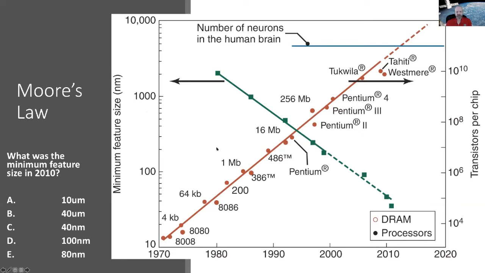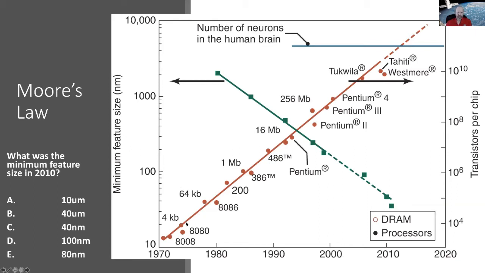So you can see as we make things smaller, we can put more transistors per chip. In the old days, we had about 10 kilobytes, 4,000 transistors on a chip. That was the Intel 8080 chip back before the 80s, probably mid 70s or so.